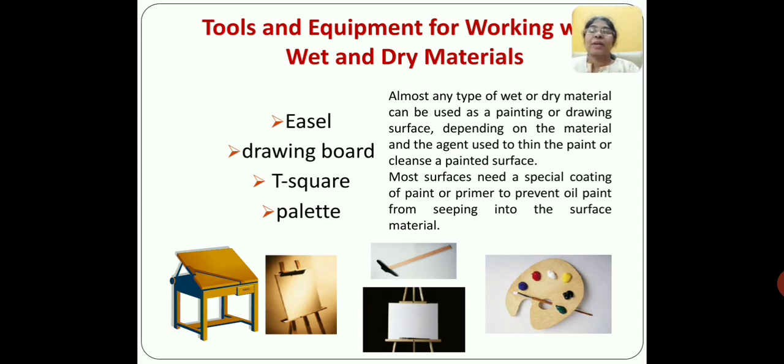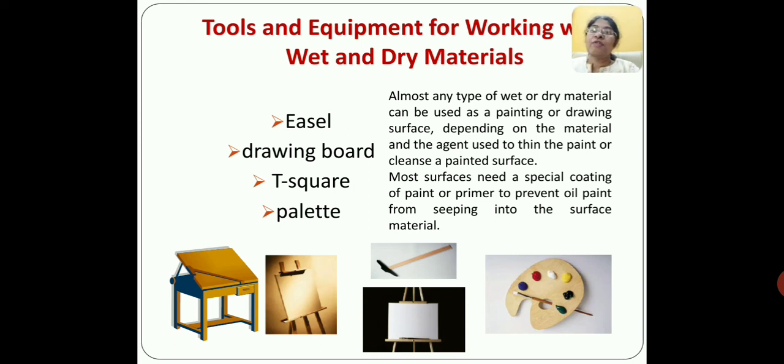These are nothing but the supports used. The first one is easel, second one is drawing board, third one is T-square, and you have a palette. These are the supporting materials which are used for working with wet and dry materials.